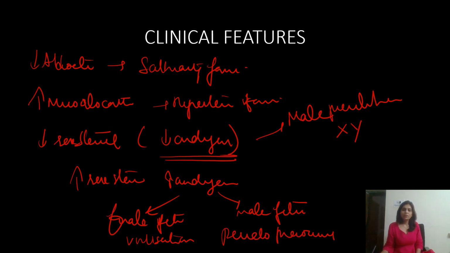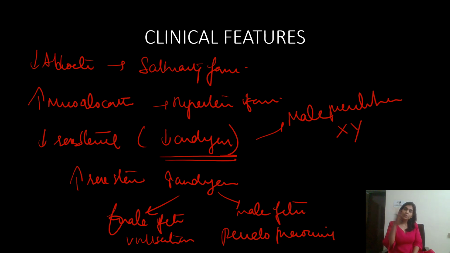And this is also explained in the speed learning app videos: what is true precocious puberty and what is pseudo precocious puberty? For now, just remember it causes male pseudo precocious puberty. So these are the features that you can expect in congenital adrenal hyperplasias.